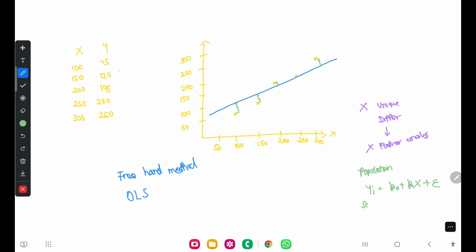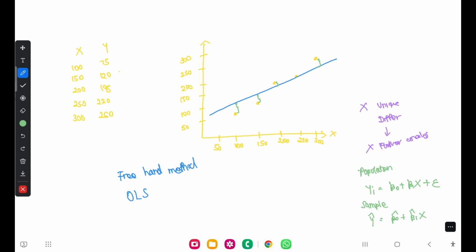In the sample, it's the predicted line, so we put a cap on everything: beta naught cap plus beta 1 cap x. And do we have an error term? No, because we are trying our best to minimize the errors as much as possible, so we assume that the error is minimized here.